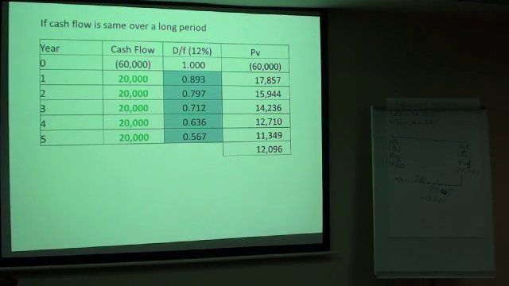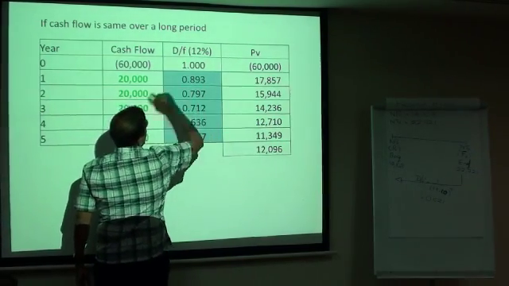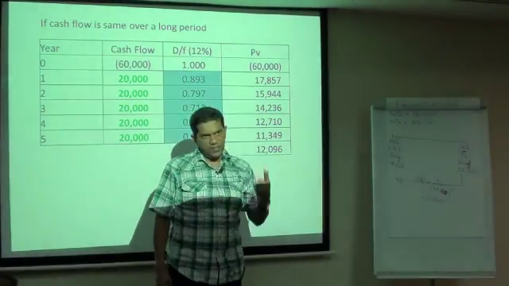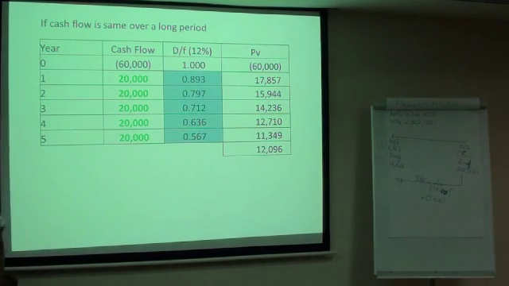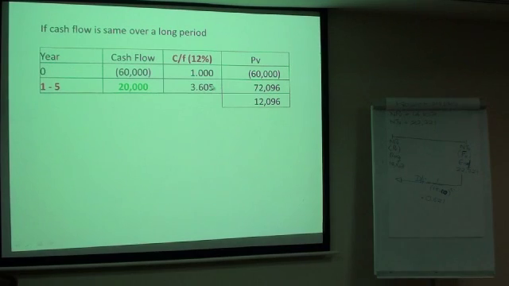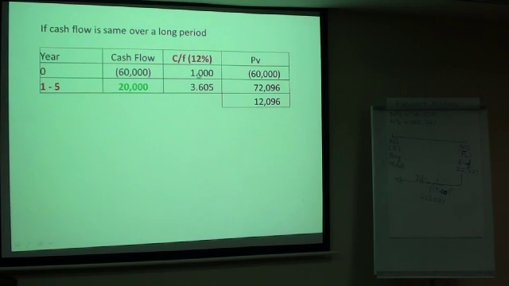You can sum up all these factors and multiply by a single 20,000. If you mathematically sum up all this, you will get an answer of 3.605. So why write this 20,000 5 times over and multiply it by 5 discounting factors? Why not add all these 5 discounting factors and multiply by 3.605? You get the same answer.